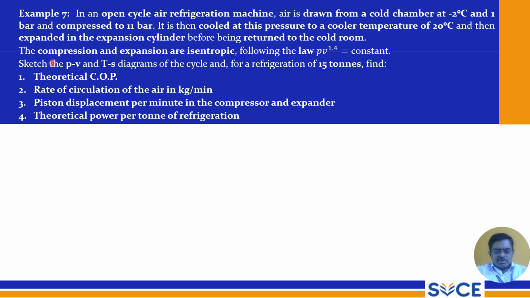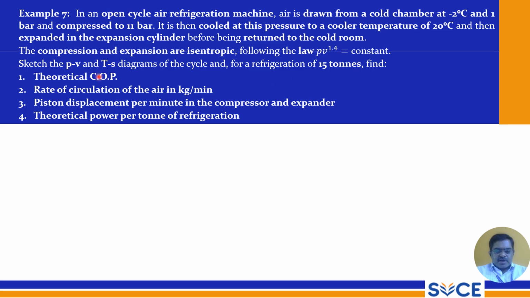So that is the refrigerator room. The compression and expansion are isentropic following PV^1.4 equal to constant. So for both expansion and compression, the same n applies and gamma is 1.4.